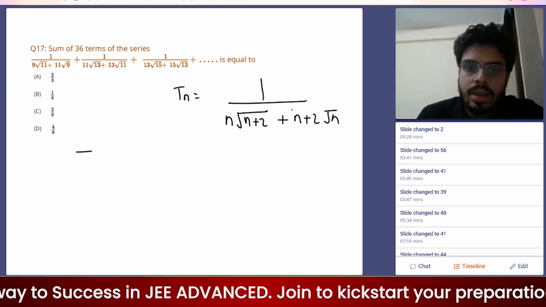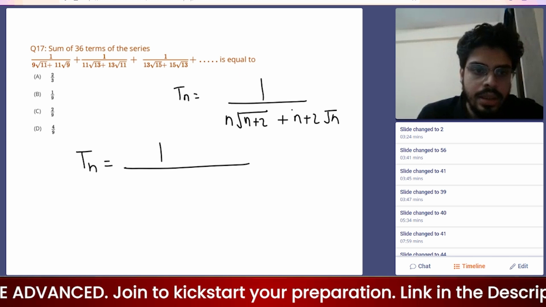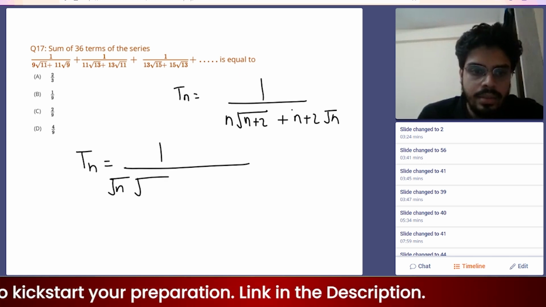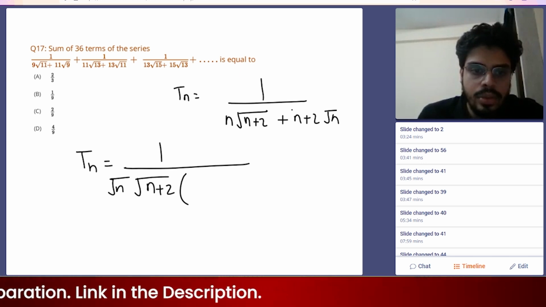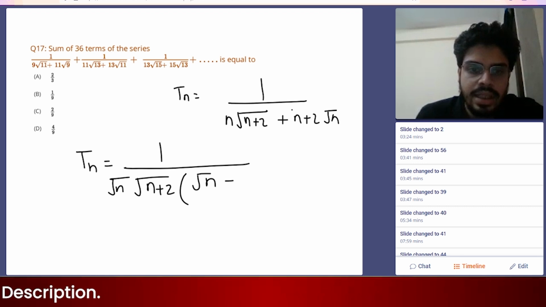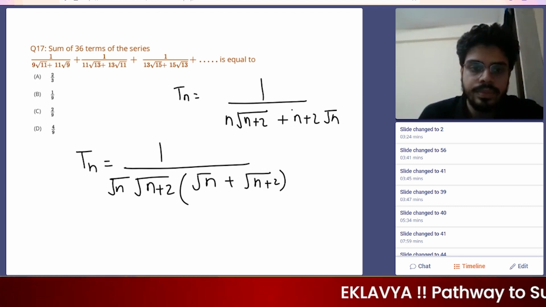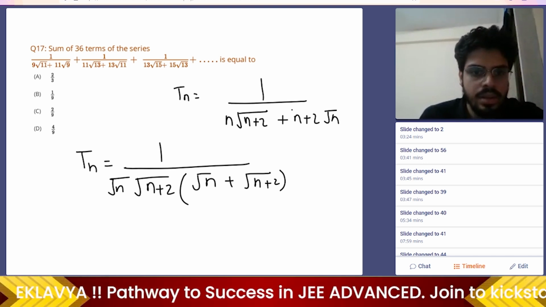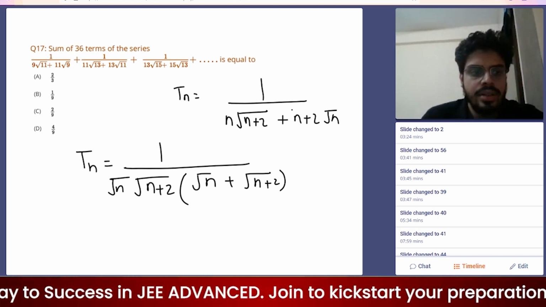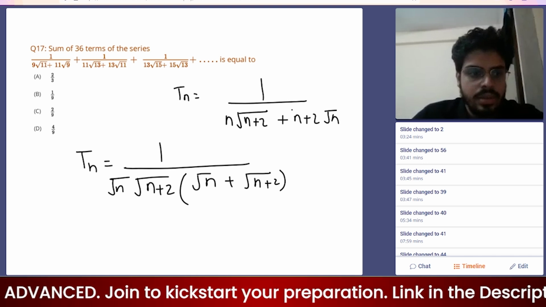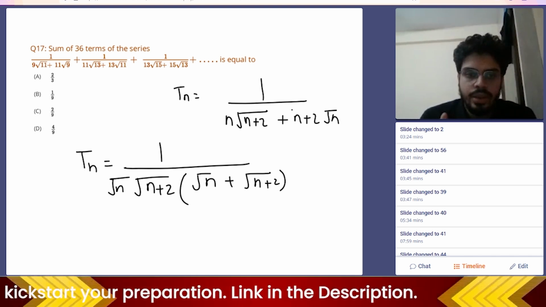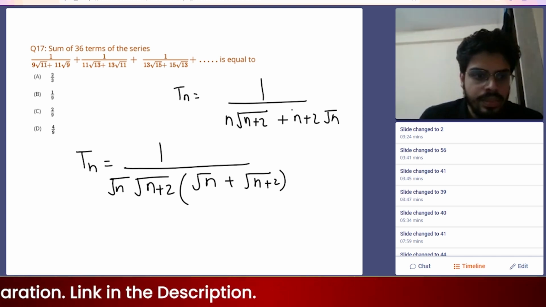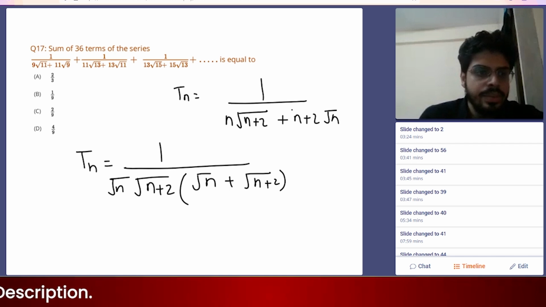So I can take root n into root n plus 2 common. So inside I will have root n plus 2. Okay, then the next step will be let us try to split it, we have to make it in 2 terms.